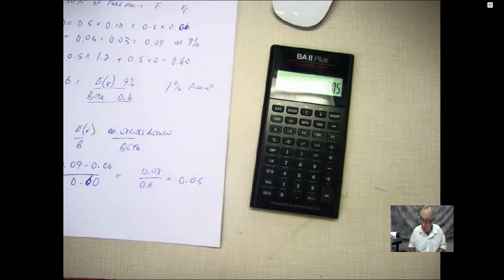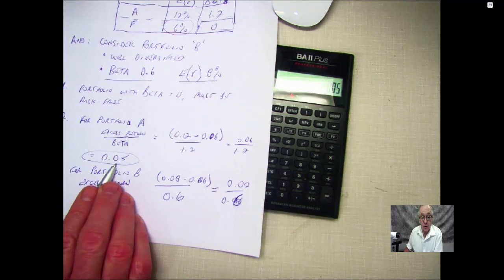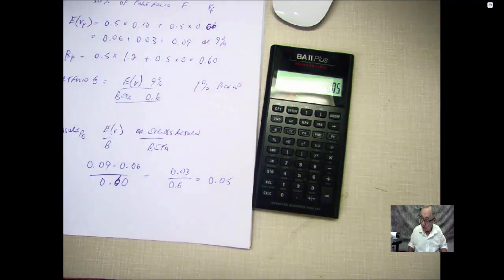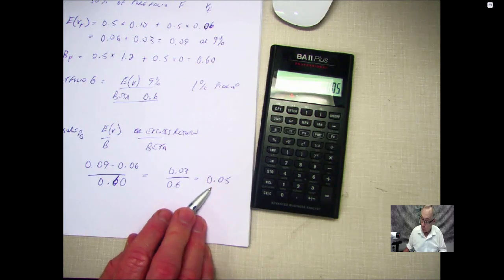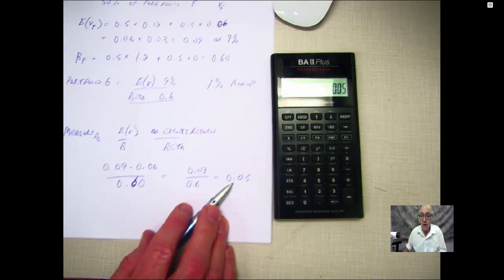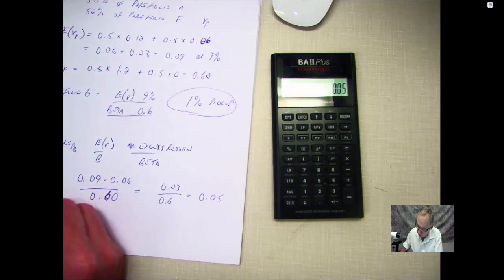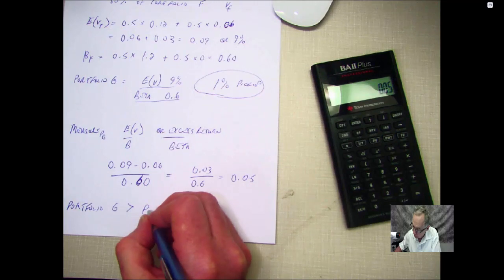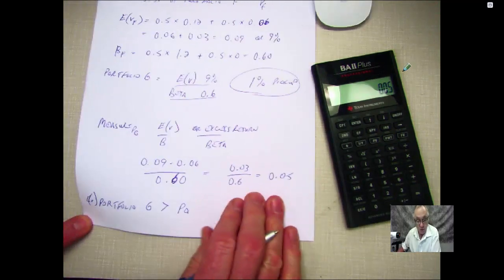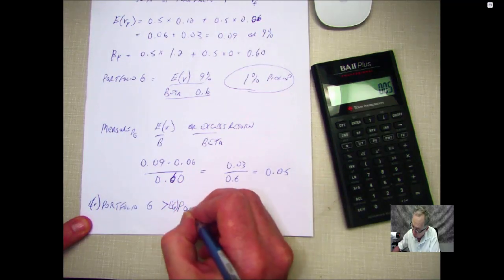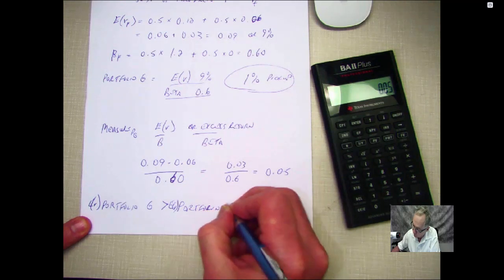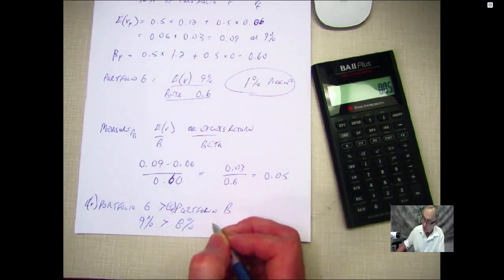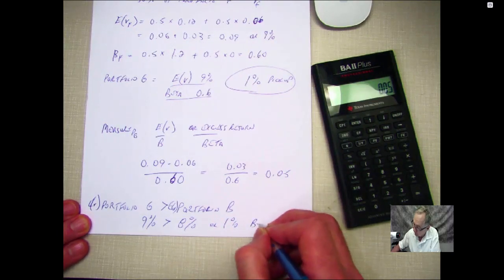On our previous portfolios, portfolio A had 0.05, portfolio B had our excess return to beta of 0.03, and portfolio G equals portfolio A, or is superior to portfolio B. And in the end, key part, let's say ER for portfolio G is greater than expected return for portfolio B, where 9% expected return is superior to 8% return, or 1% better.